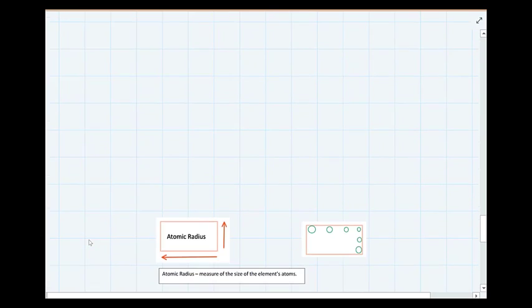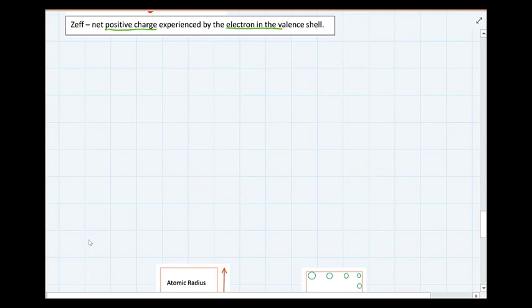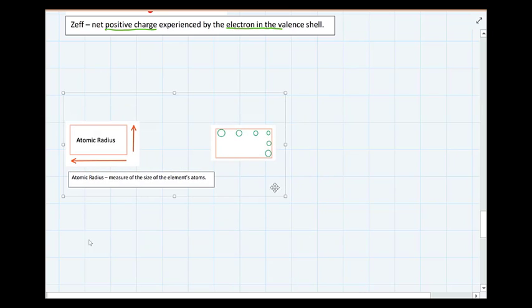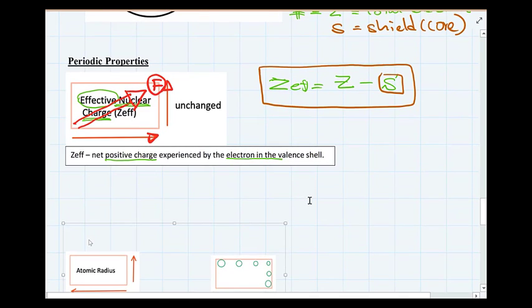Now, the next property we should be looking at, the periodic property number 2, should be atomic radius, right? Like I said, it's a good idea to think about atomic size. That's why I put the smaller cage there with a few sizes of atoms. So let's finish the labeling here.